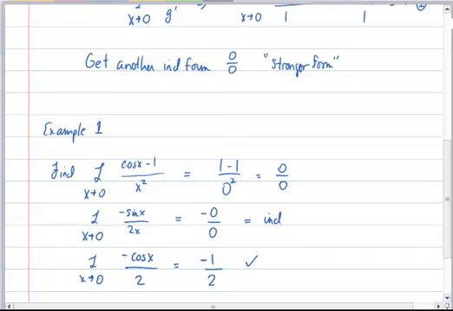So once we get a value that works, whether it be an actual numerical value of 1 or 0, or even if we got 1 over 0, that would be considered to be an undefined limit. So our answer for this problem is negative 1/2. But notice this time we had to do L'Hospital's rule twice.